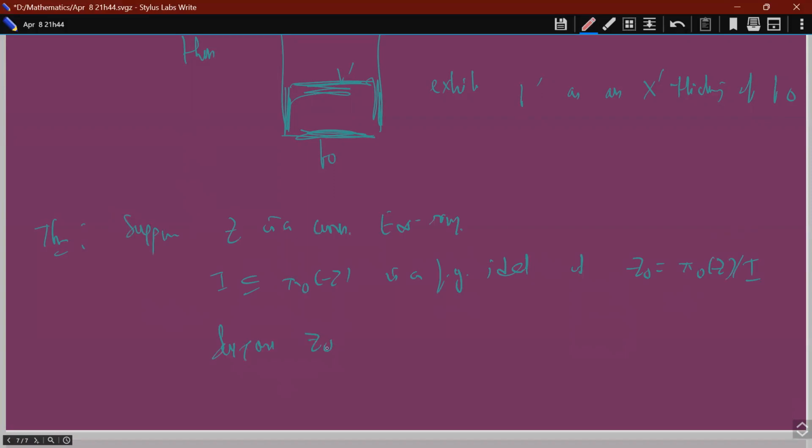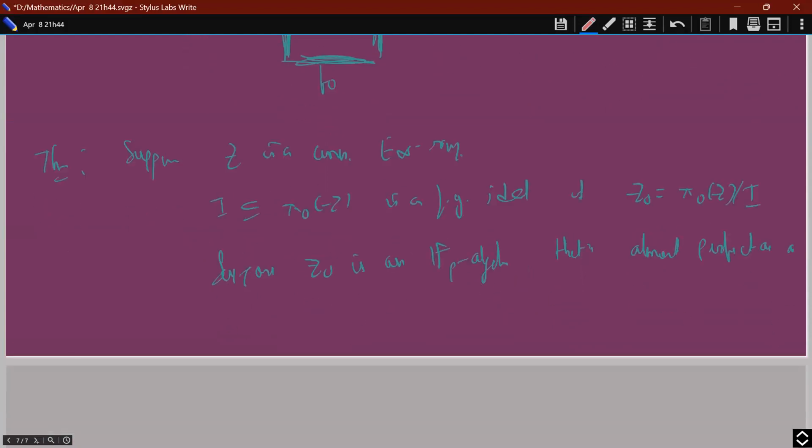This main theorem will be used for the classical Witt vector construction, or the spherical Witt vector construction that we'll see. Suppose Z naught is an algebra that's almost perfect as a Z module.